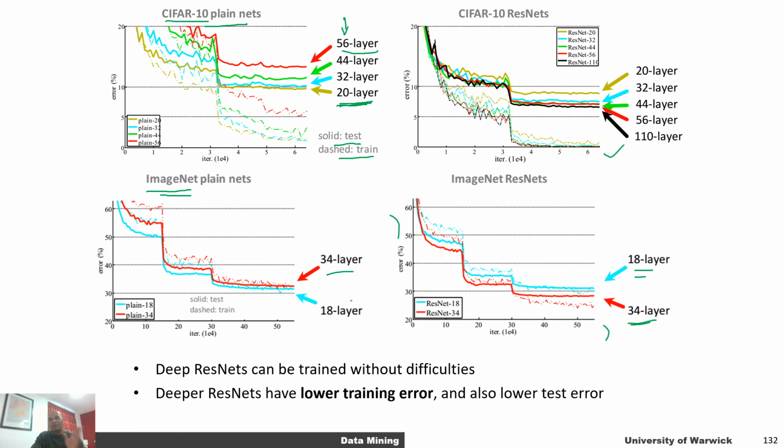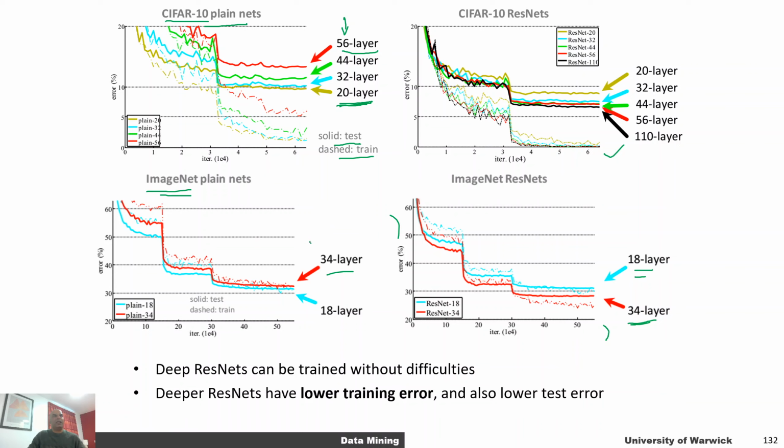And if you stop them at the appropriate time, you can actually get lower test errors as well in comparison to shallower networks. So what this essentially proves is that these residual networks, because of their ability to learn residual hierarchical representations of your data, are able to do better.